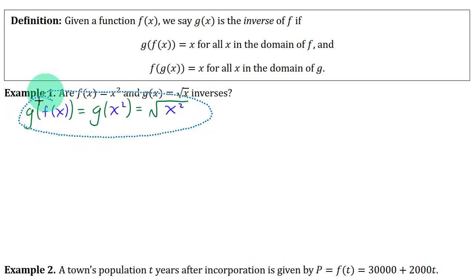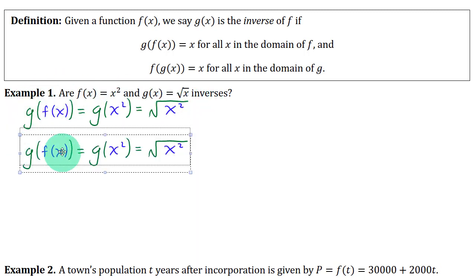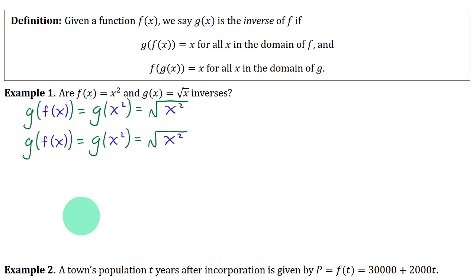So if I'm going to take this and plug in something like x equals negative 3. What is negative 3 squared? It's 9, right? So this would be the square root of 9. And what's the square root of 9?